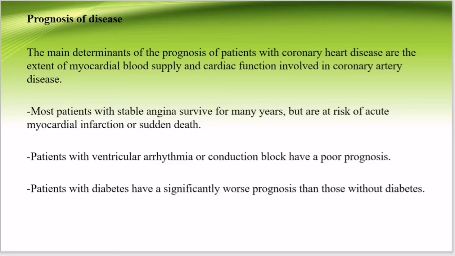Most patients with cardiac ischemia survive for many years, but are at risk of acute myocardial infarction or sudden death. Patients with arrhythmia or conduction block have a poor prognosis.